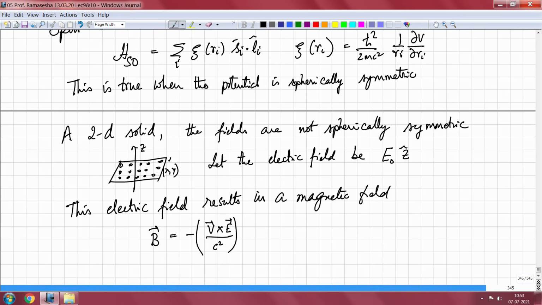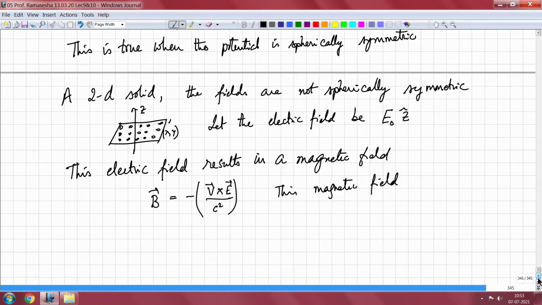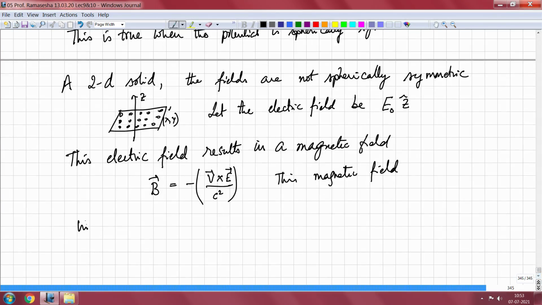And this magnetic field interacts with the spin.